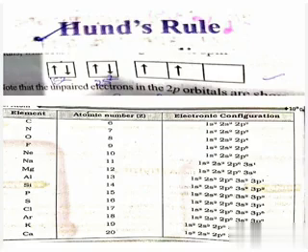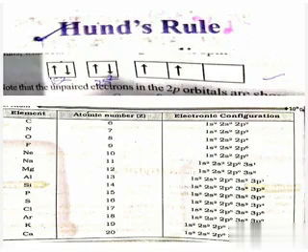Phosphorus, atomic number 15: 1s2, 2s2, 2p6, 3s2, 3p3. Sulfur, atomic number 16: 1s2, 2s2, 2p6, 3s2, 3p4. Chlorine, atomic number 17: 1s2, 2s2, 2p6, 3s2, 3p5.